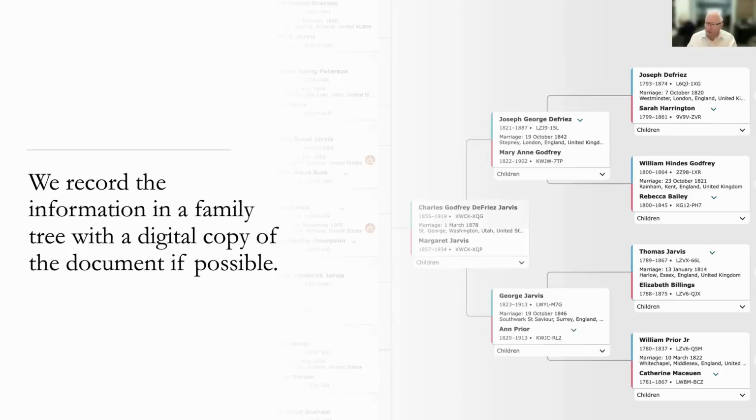So we need to put that information up there, not just for your own benefit, by the way, because on a family tree like the FamilySearch family tree, you're almost instantly going to find that you have relatives. And if you do it on a huge family tree like MyHeritage, you may be overwhelmed with the number of relatives that they find for you in a very, very short period of time.